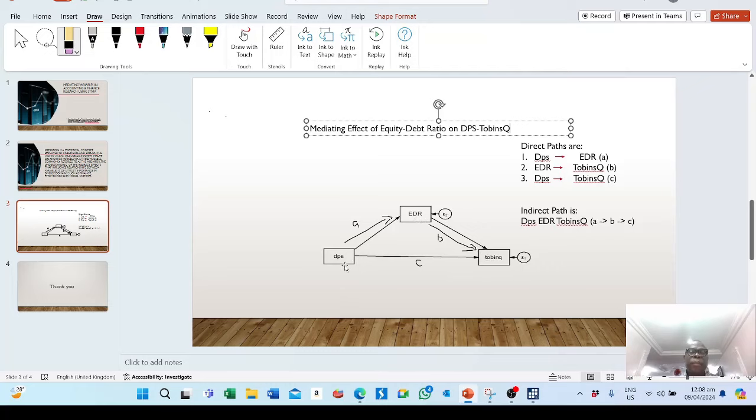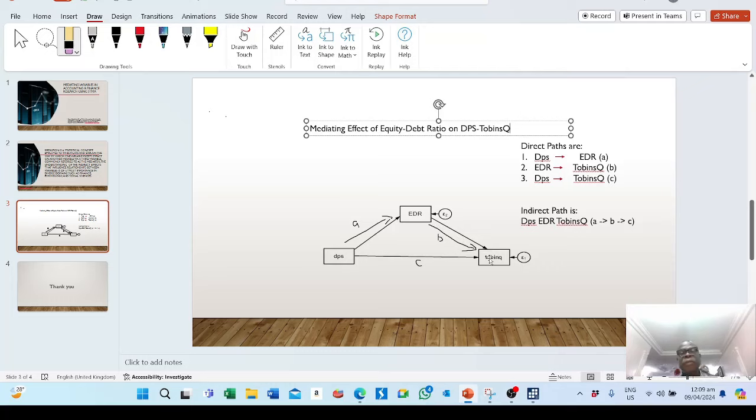There is the path from dividend per share to EDR, which is a direct path. That's equity debt ratio, and the path from EDR to TobinsQ is a direct path.